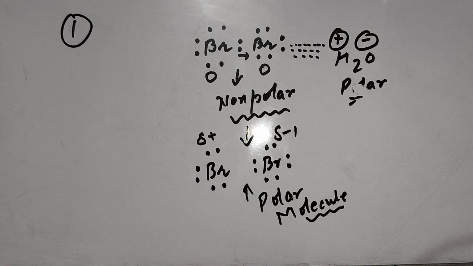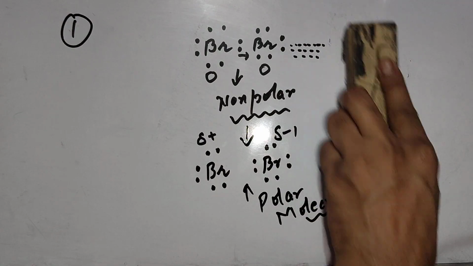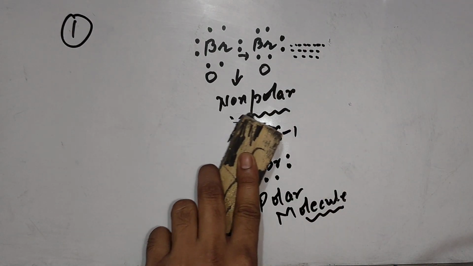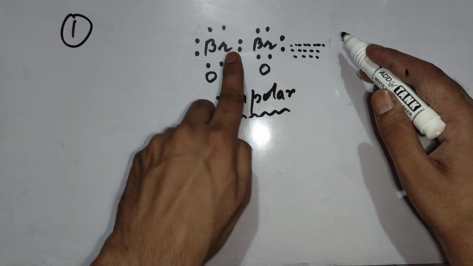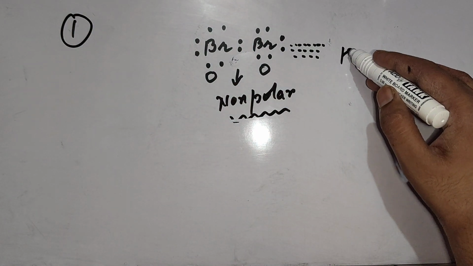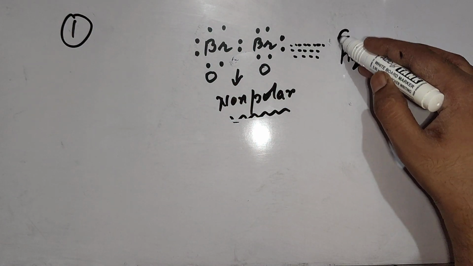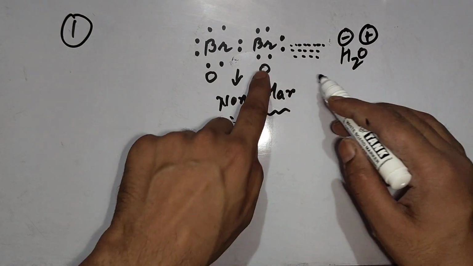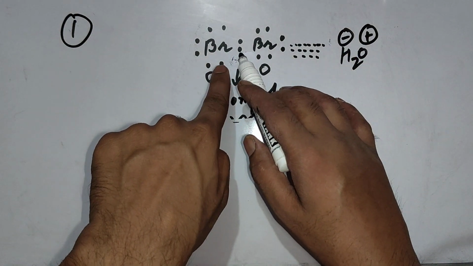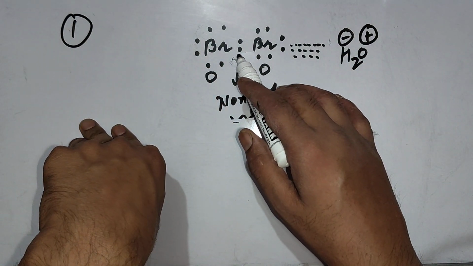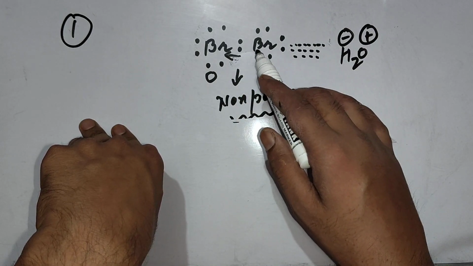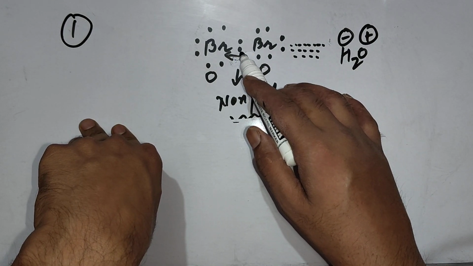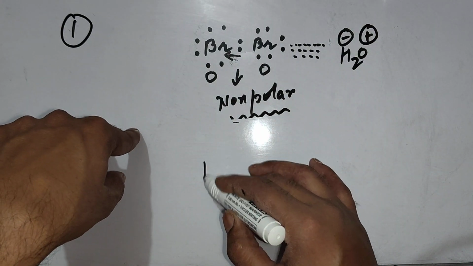Or you can understand this concept in a different manner also. Here I have told you about the positive field. Suppose the right-hand bromine comes in contact with a negative field. Due to the negative field, these electrons will feel repulsion and they will go away from the right-hand bromine. So these electrons will pass toward the left-hand bromine.